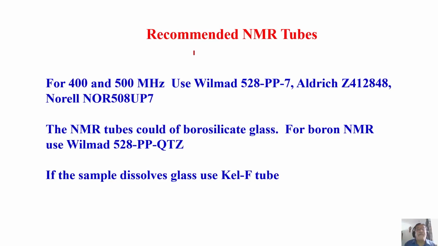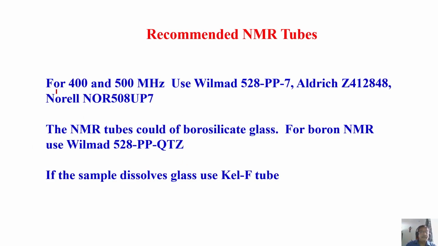And of course, NMR tube also has to be properly chosen. You cannot take any NMR tube of your choice. But this has been already worked out. Many pioneers in this area have reported the optimum choice of NMR tubes for particular spectrometers or particular frequency of the spectrometers.